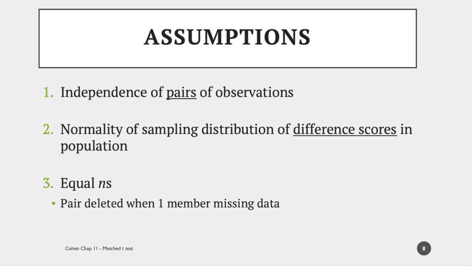Assumptions are the independence of pairs of observations. So my difference score should not influence anyone else's difference score. We also have the assumption of normality, and this one is of the difference scores. So the difference scores should be normally distributed.